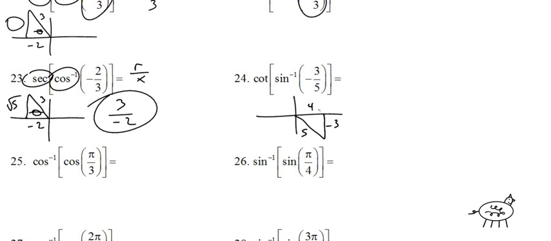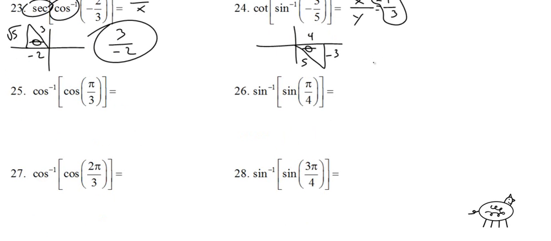And this is a 3, 4, 5 triangle. And then cotangent is going to be, and that's theta. So cotangent is the evil distant cousin to tangent, so it's x over y. So it's going to be -4/3. Okay, not too bad.